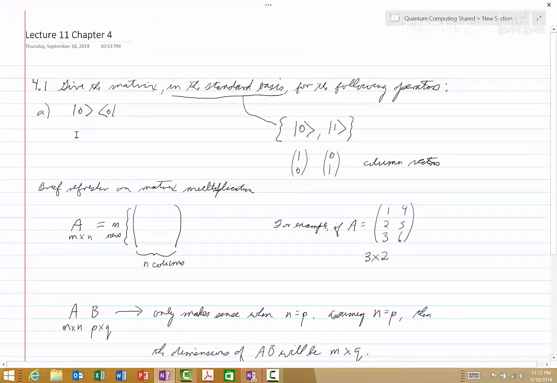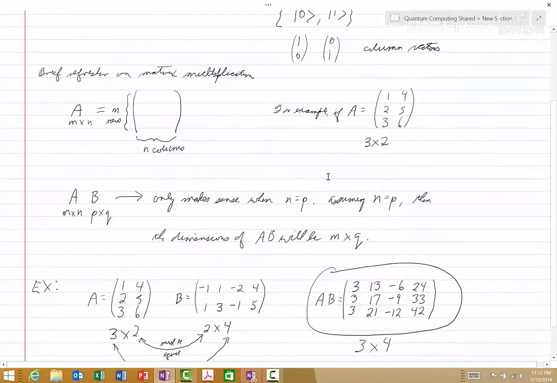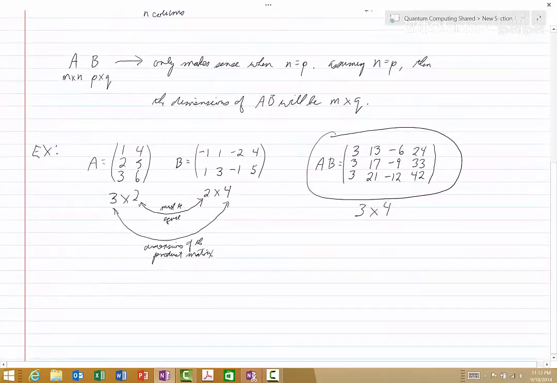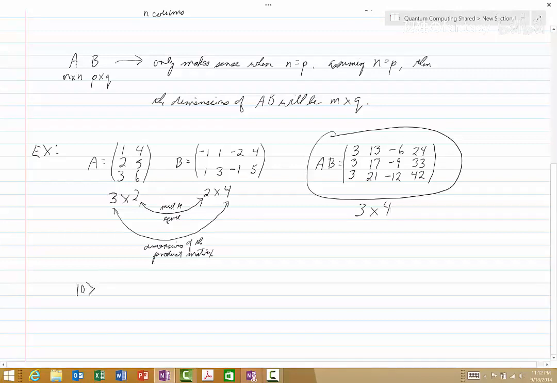Okay, so we want to find the matrix for this operator here, and we have already said that the 0 ket will correspond to the 1 0 column vector, and the 1 ket will correspond to the 0 1 column vector. So that means that the operator we have here, 0 1, will be represented as 1 0.